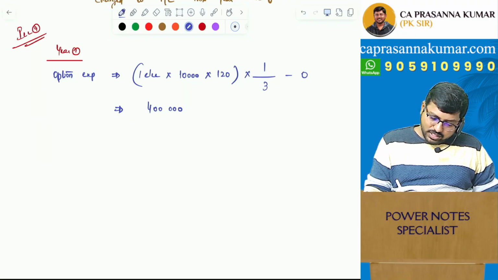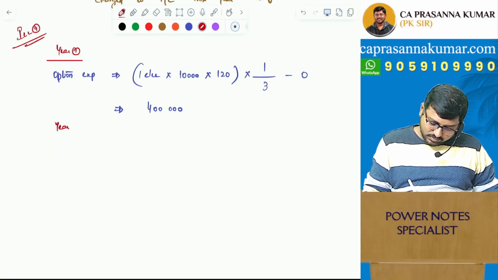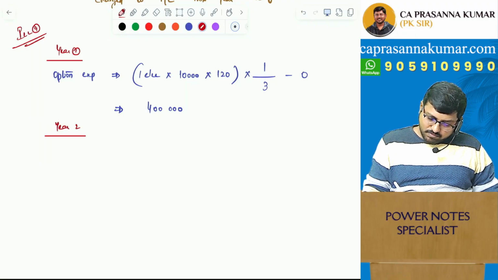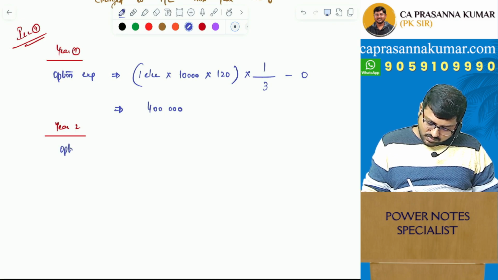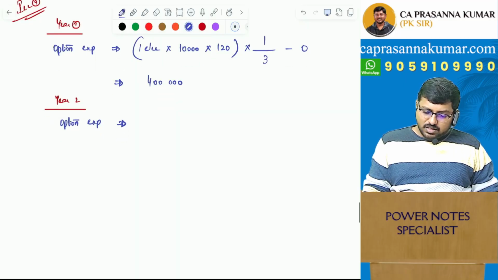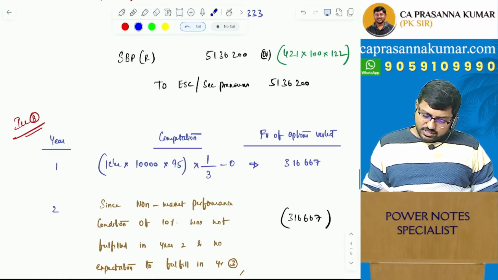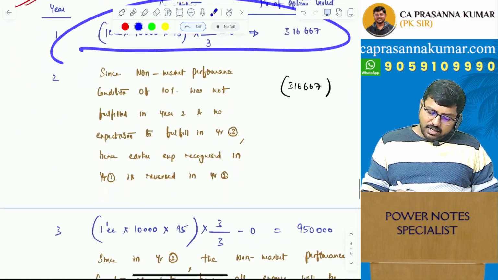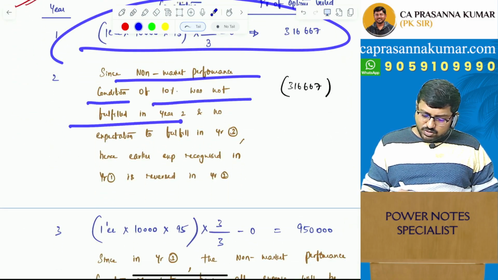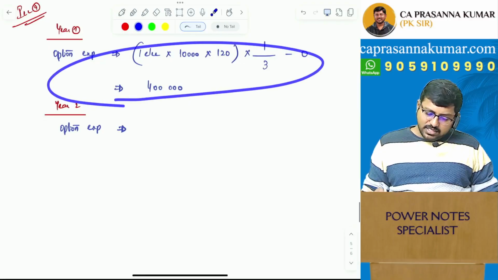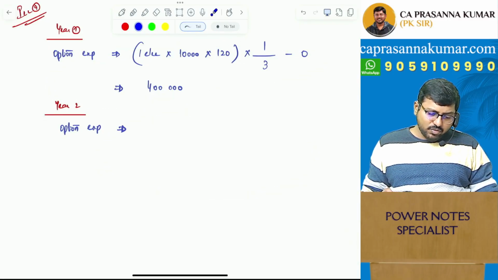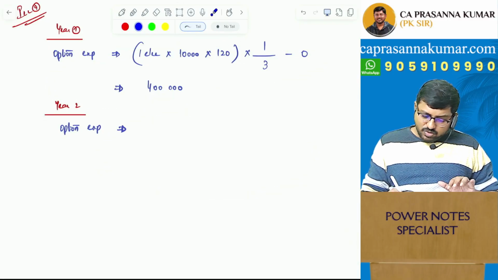Now coming to year 2. Option expense is equal to, just like the last sum. In the last sum also we recognized in the first year. In the second year, the non-market performance condition of 10% was not fulfilled. Similarly here, the market condition of 20% is not fulfilled in year 2.